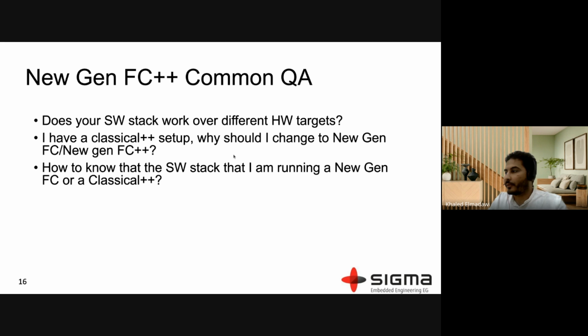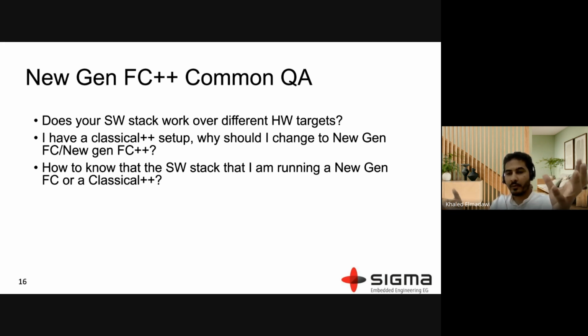How do I know whether the software stack that I am running is a new generation flight controller or a classical plus plus? Simply, the answer is the foundation of your software stack. If all of your software runs as different subroutines over a microcontroller, then this is a classical one.